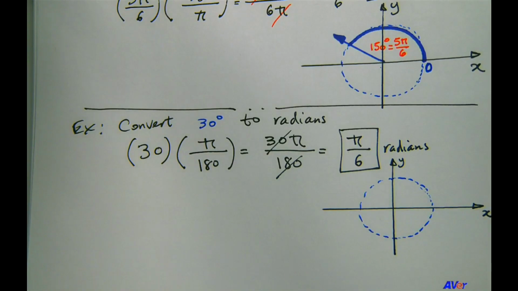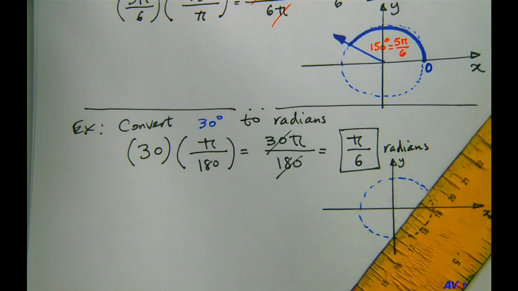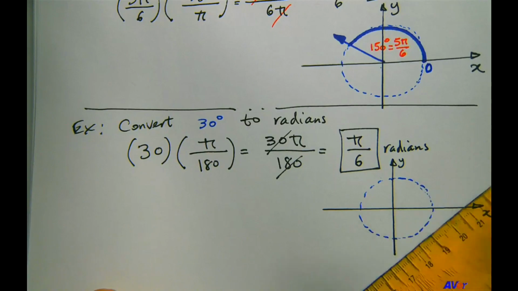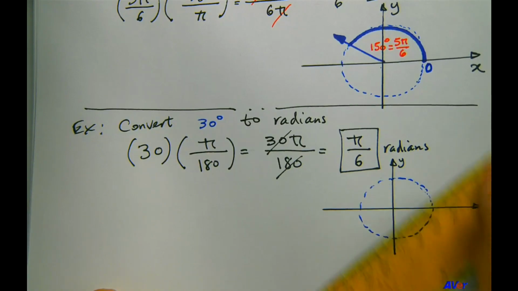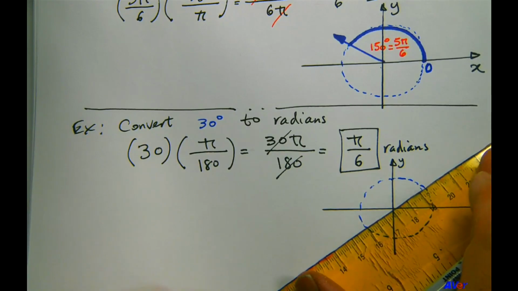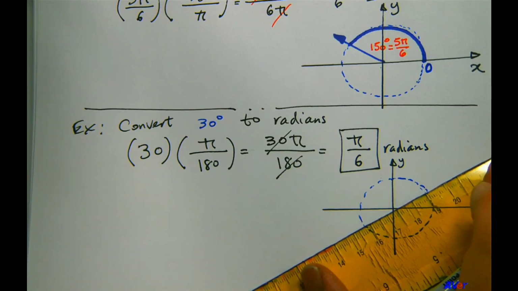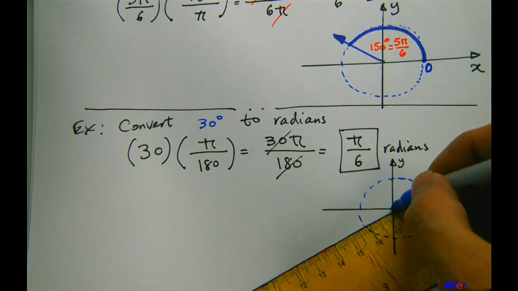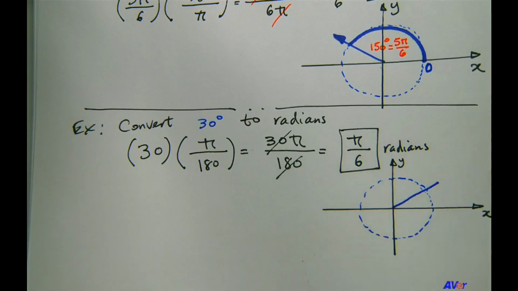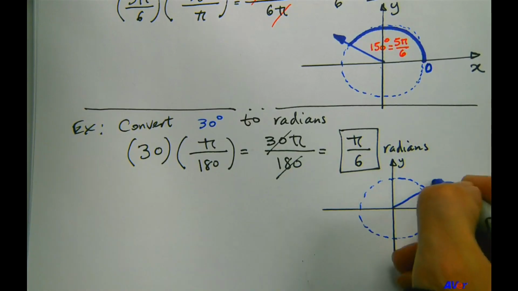Since it's 90 degrees from here to here, let's say this would be 1/3 of that, roughly this angle, like that. All right?